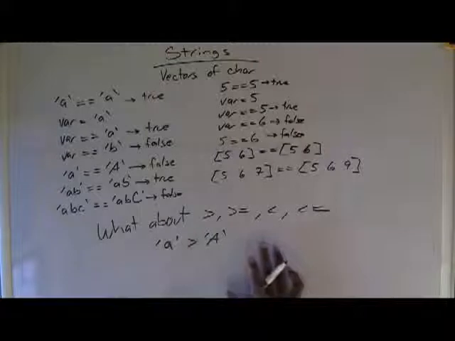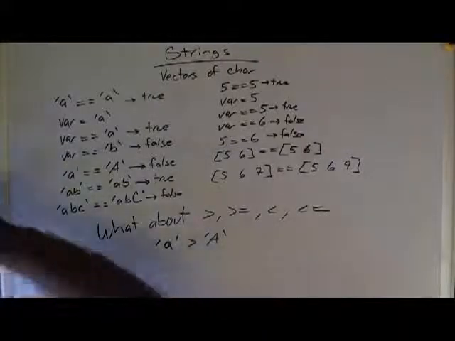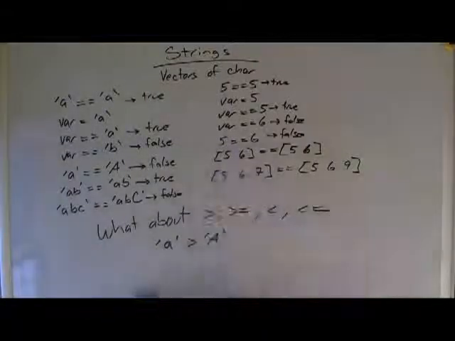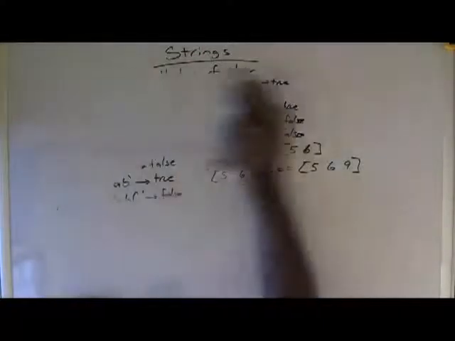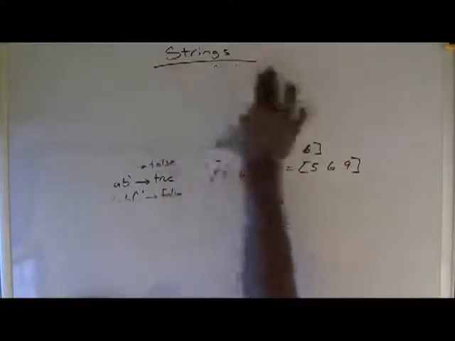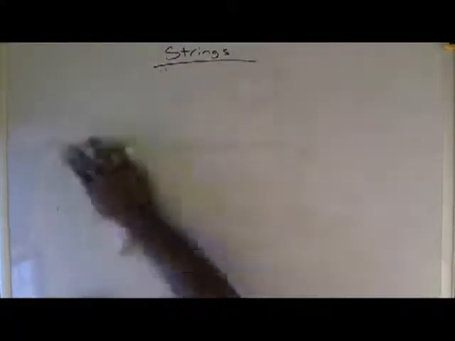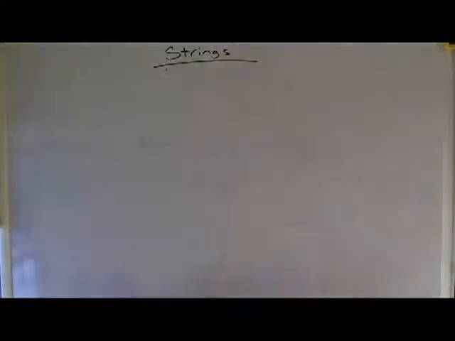But before I go into that area, I want to extend this example into the operations that we already know. More specifically, you can use strings in the ifs and in the fors and the whiles that we've done, and switch statements. So let's look at that before we go forward with ideas of greater than, equal to, less than, or equal to.